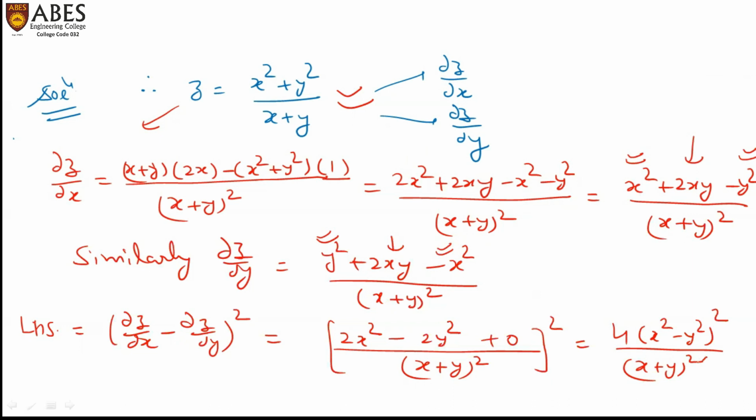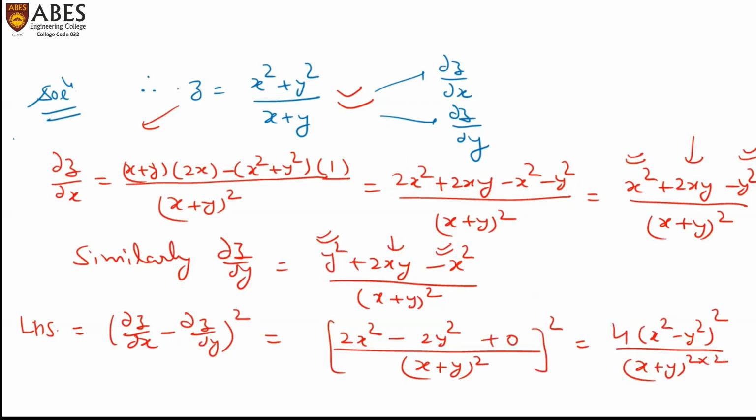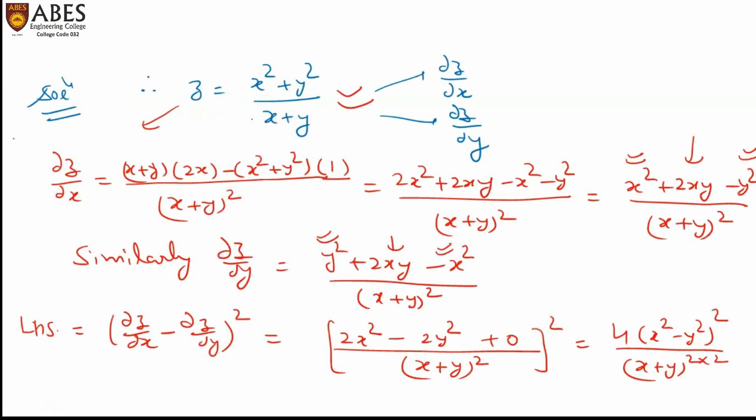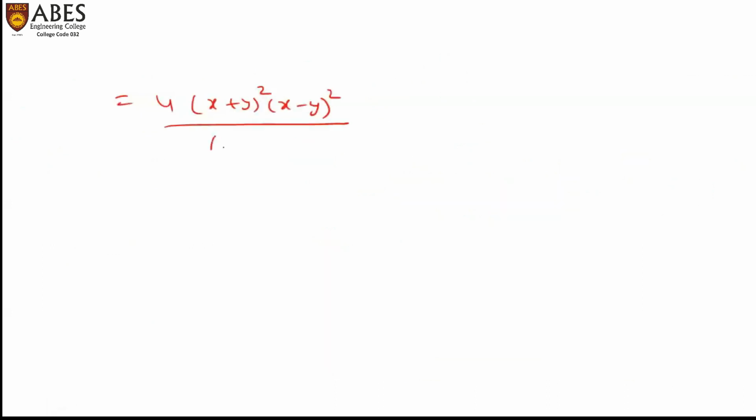Whole square, 2 to the 4. So obviously the left hand side equals 4. Here it is an identity, x plus y, x minus y, whole square, and in the denominator we have x plus y whole 4.